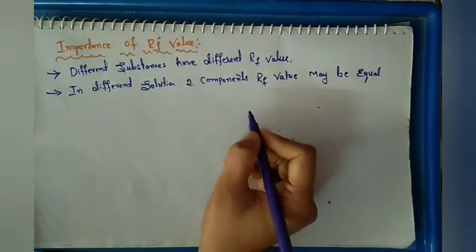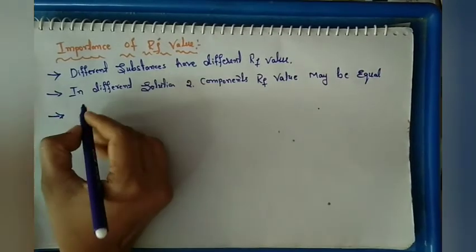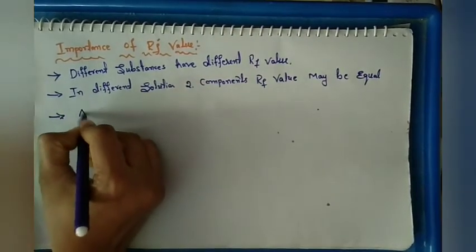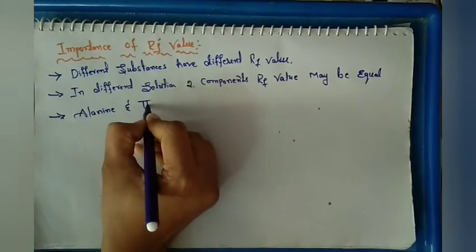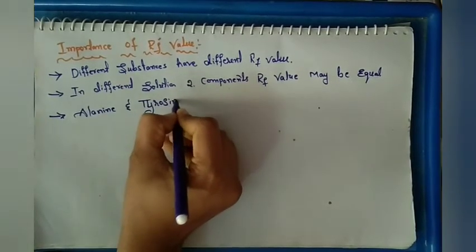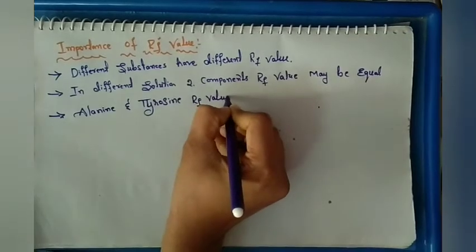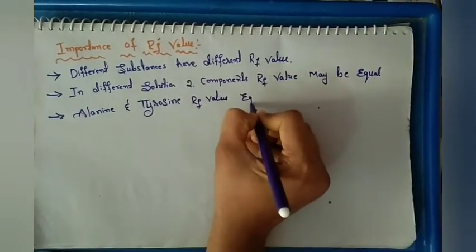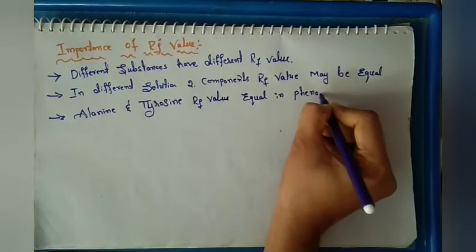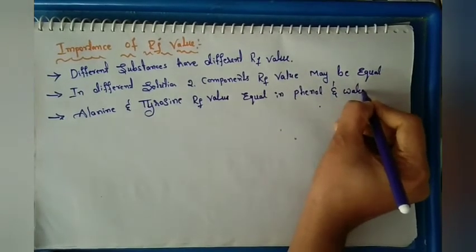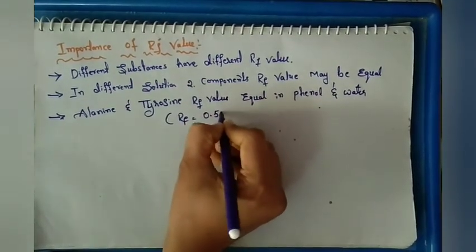Third one, an example for that: alanine and tyrosine have equal RF value in phenol and water. The RF value is equal to 0.55.